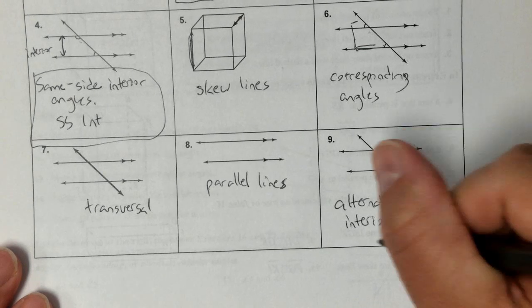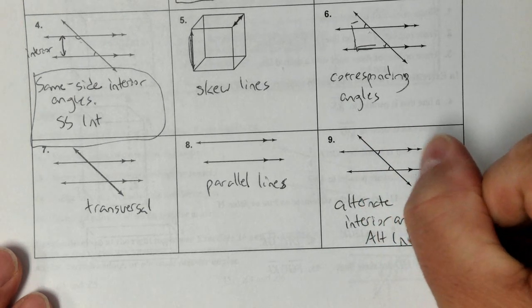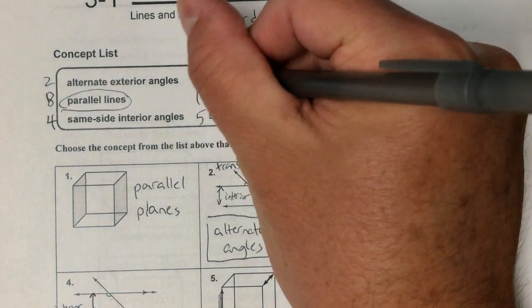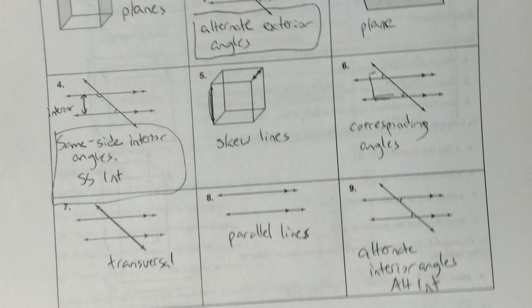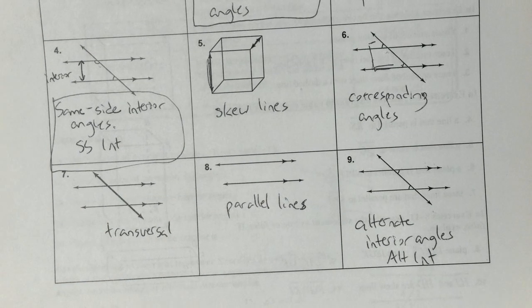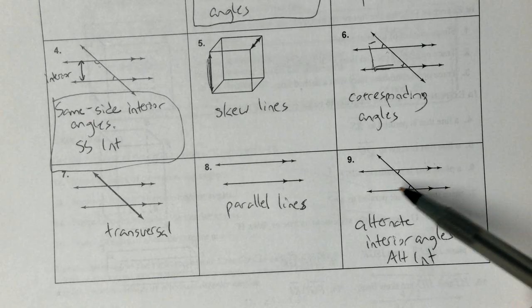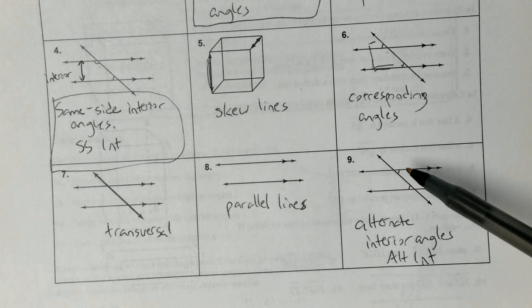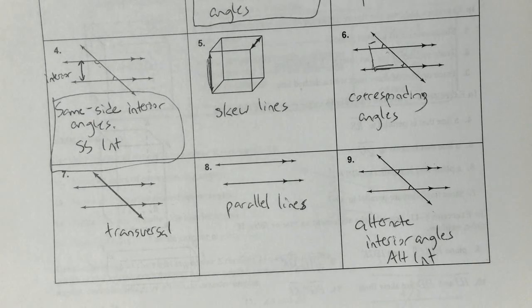And sometimes I call that alt-int. So that's number 9. They're on opposite sides of the transversal and between the parallel lines.